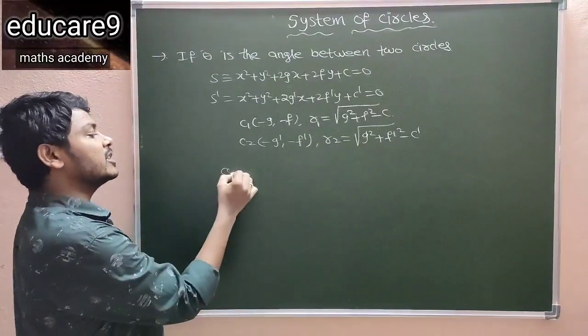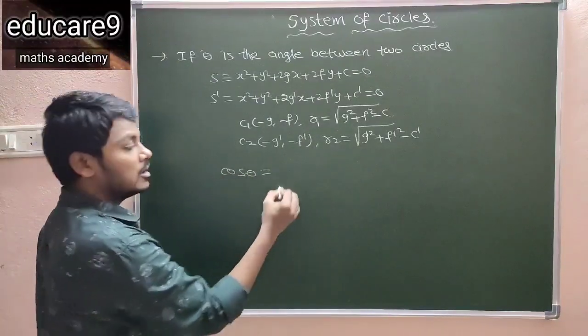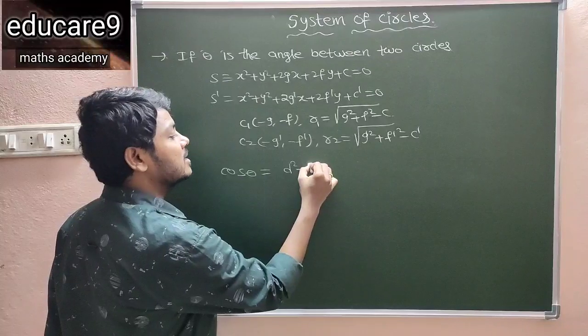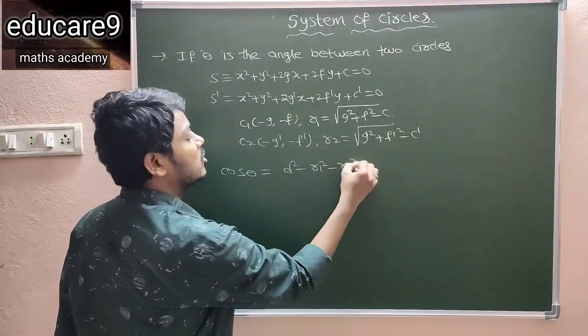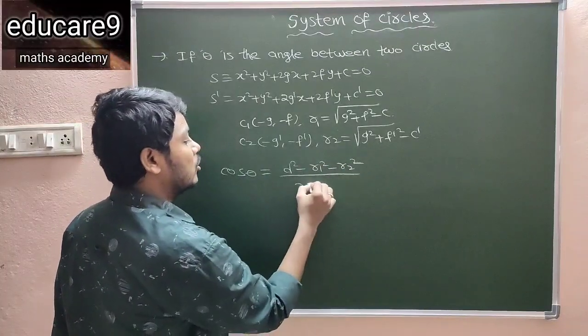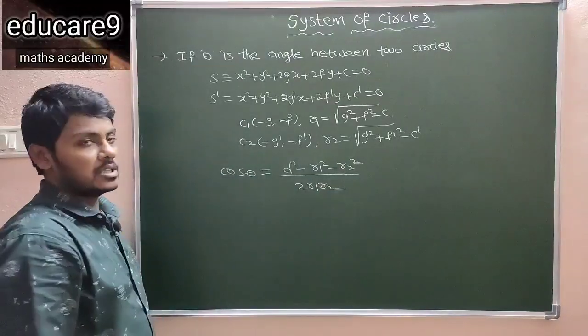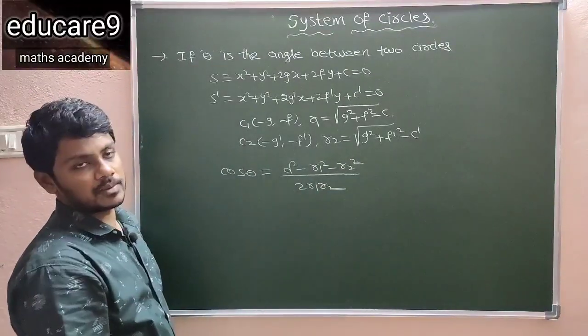So you know the cos theta formula. What is that? D square minus r1 square minus r2 square, divided by 2 r1 r2. So this is the angle between two circles formula.